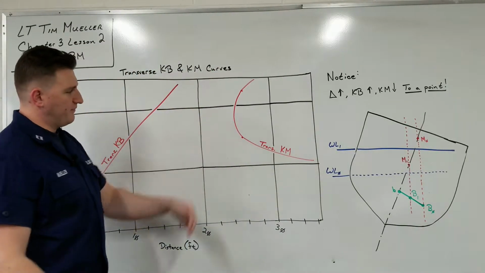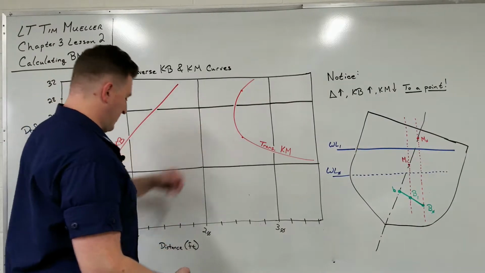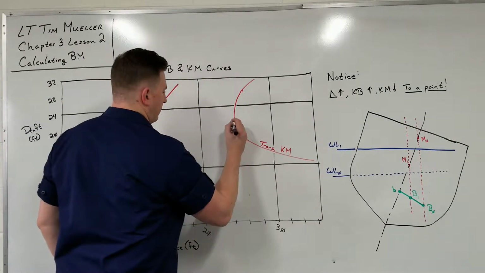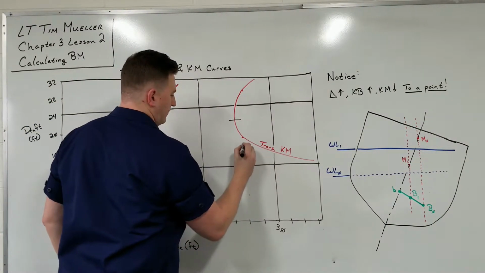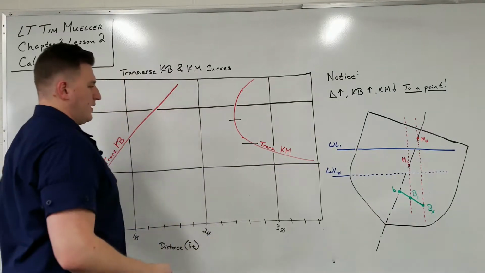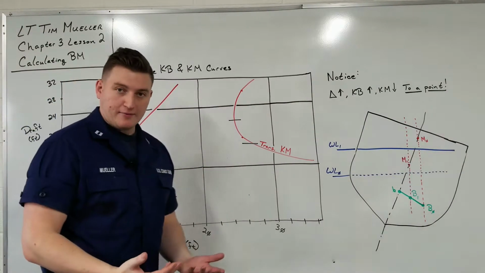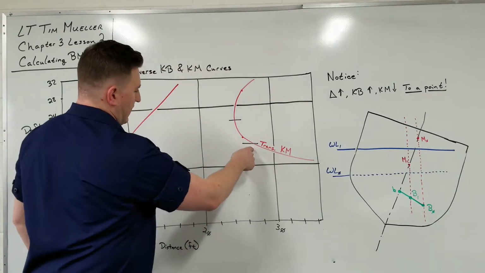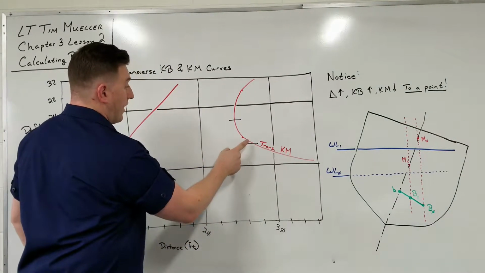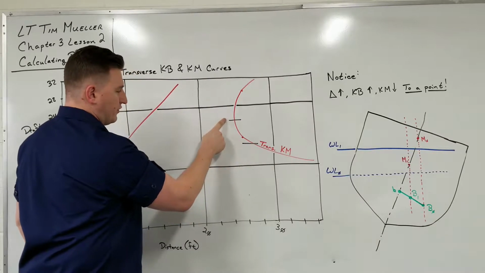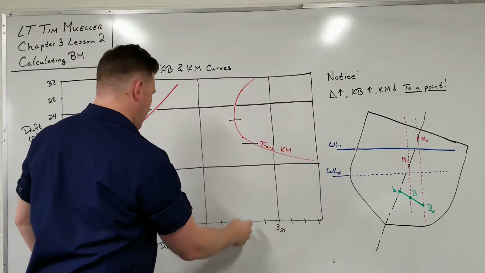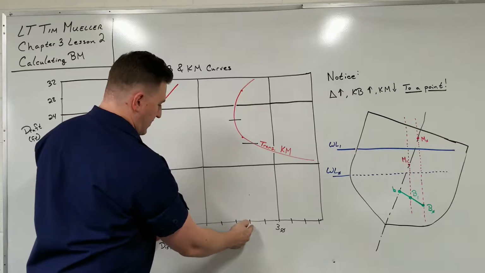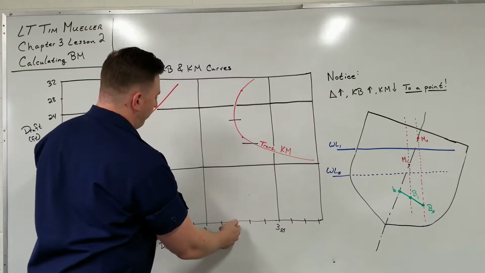Looking at this curve, if we typically operate, let's say, right in this realm, we see that this is a typical merchant ship curve that I just found in a book. If this is your minop and this is your full load, then your KM is going from about 26 feet to about 24 feet.